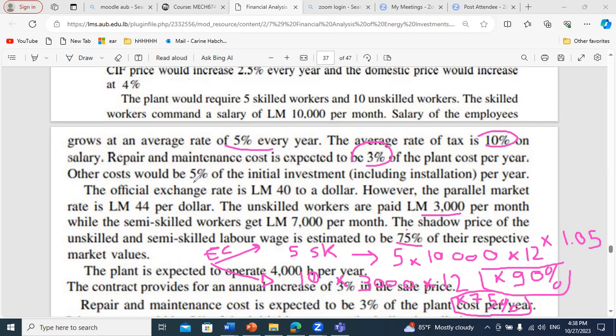This is why we put a certain percentage for these costs. They told us that all operational, repair, and maintenance costs will constitute 8% of the initial investment, including the installation period.